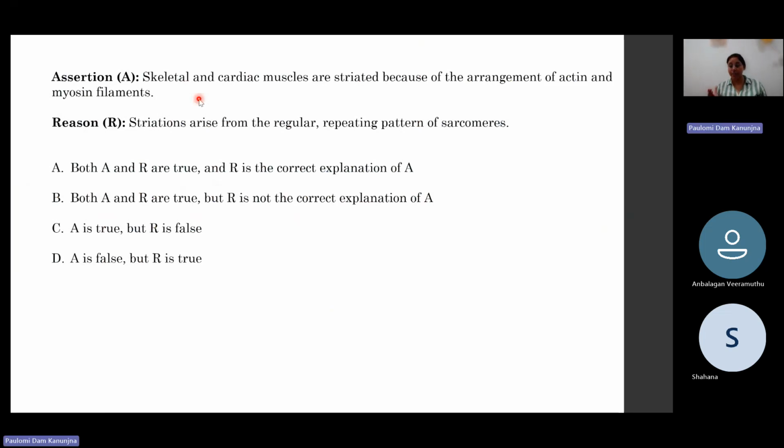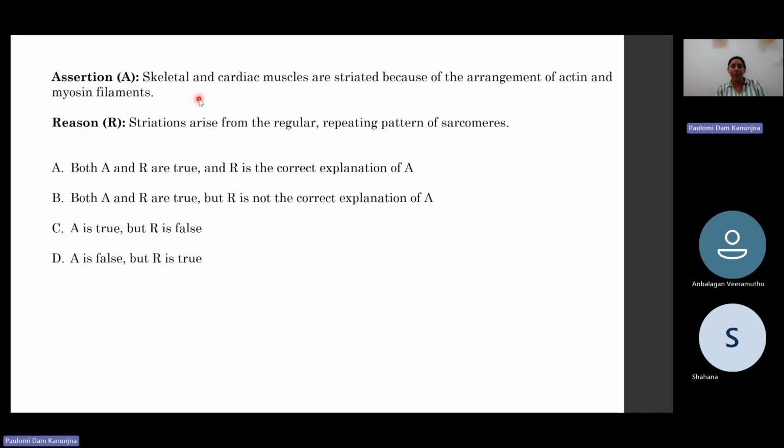Remember now, does it make it easier for you to understand that you have this muscle, you have a lot of striations. Are these striations because of sarcomeres? And are these variations in color because of myosin and actin? What do you think?